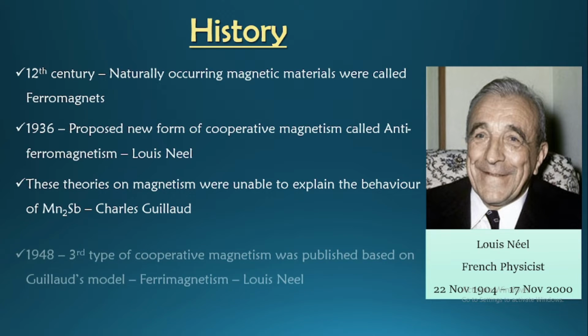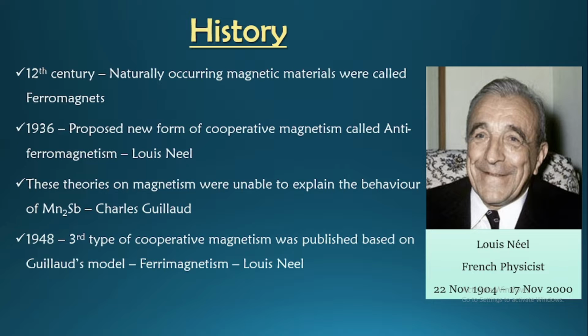And later in the year 1948, again Louis Néel published another paper about a special, third type of cooperative magnetism, which was based on the assumptions of the Guillaud model itself. And he called this concept of magnetism ferrimagnetism.